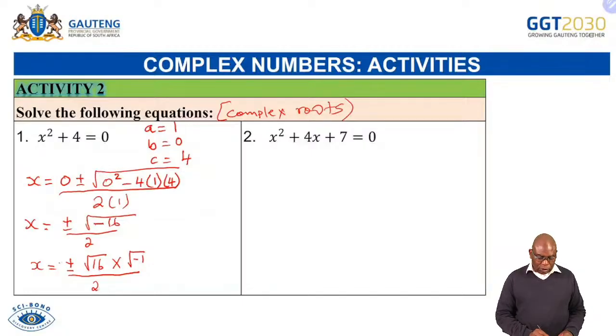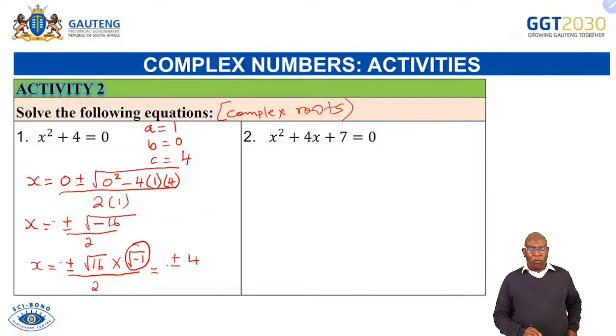Yes, because this is a 0, I'm not going to write that 0 there. So in this case, what do you get? You are going to get x equals plus minus, what is the square root of 16? It is 4. But we know that negative 1 is the same as i squared.